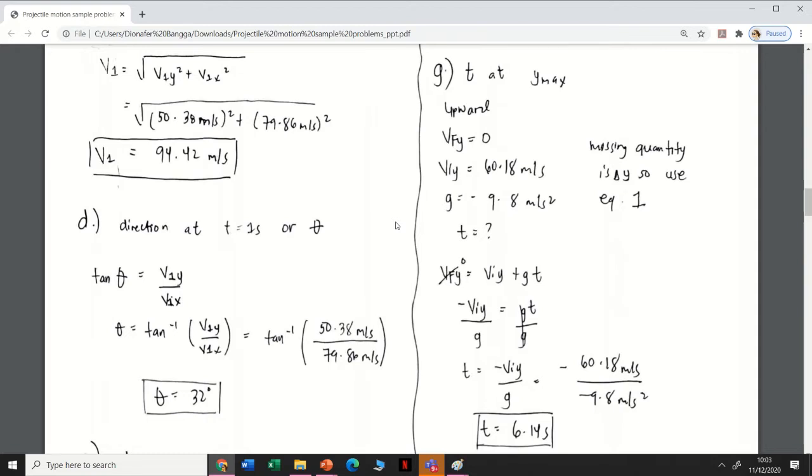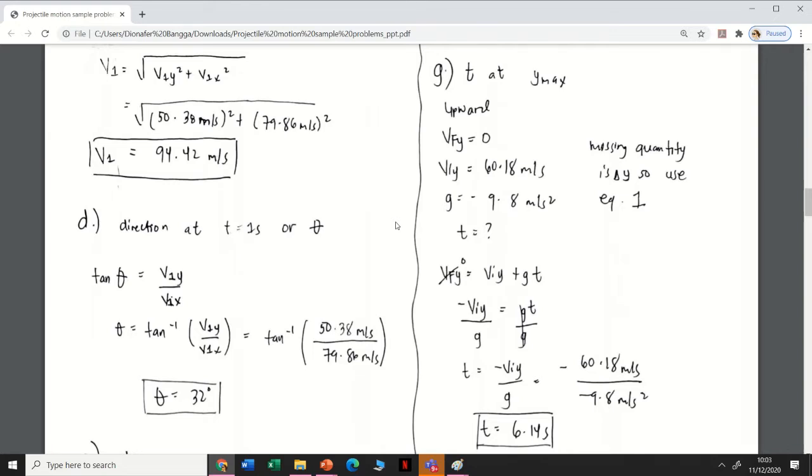So with that, delta y with respect to the highest point. Because you would have to consider all the quantities on that point only. If you are measuring the time at the highest point, all the quantities that you should use are also within that highest point. So just like what we did last time, we analyzed the different quantities of our projectile at time equal to 1 second.